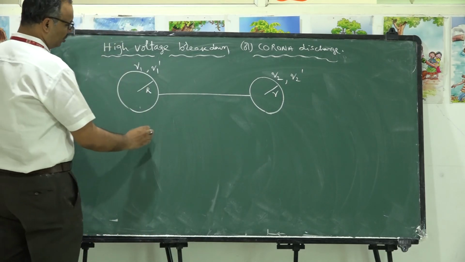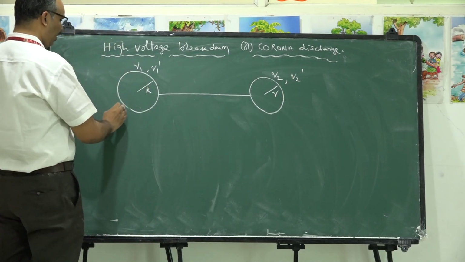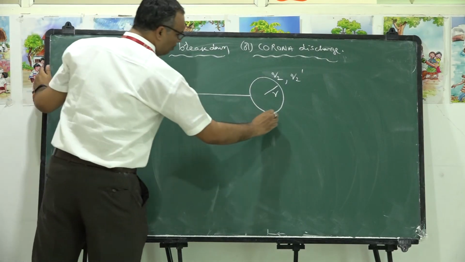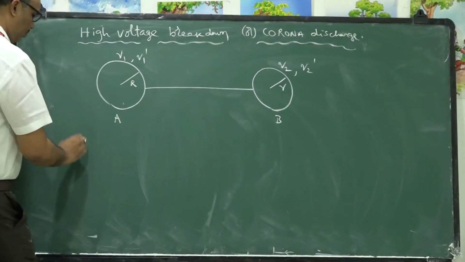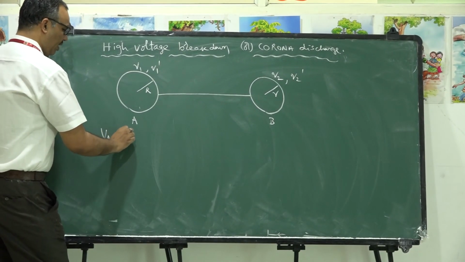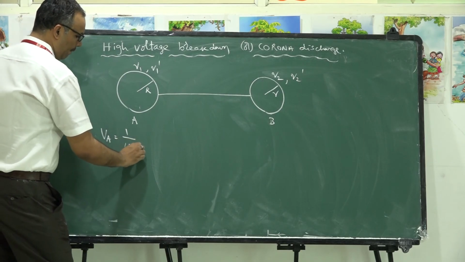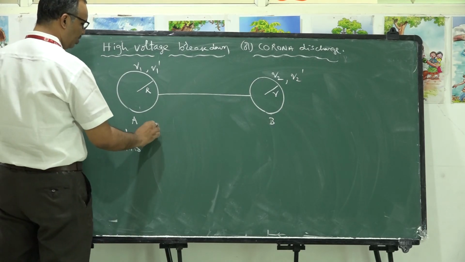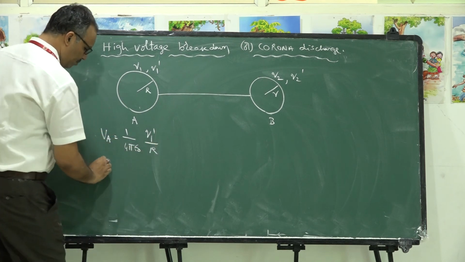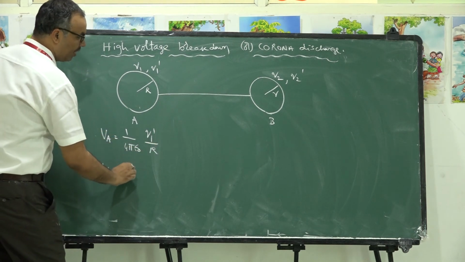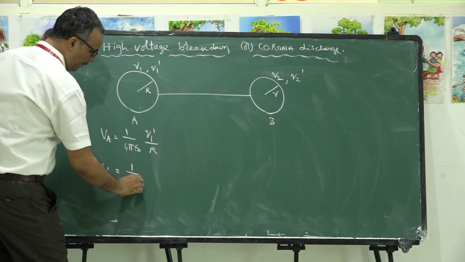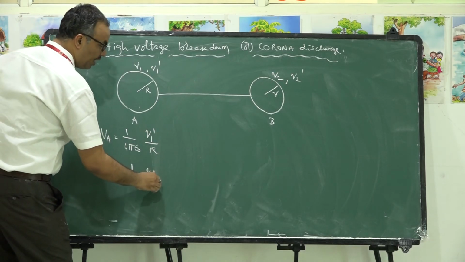Let the name of this sphere be A and this sphere be B. Final potential on A is given by 1 by 4 pi epsilon naught Q1 dash by R. Final potential on B is given by 1 by 4 pi epsilon naught Q2 dash by small r.